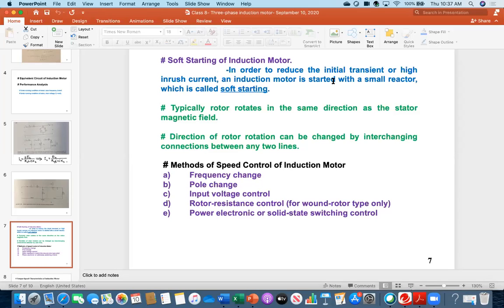And then we connected a reactor. The same thing in case of induction motor: during starting, you have to connect a small reactor, a small inductance value. And then you can mitigate or eliminate that initial transient or high inrush current. That is called soft starting. So therefore, to explain it clearly, let me take you to the whiteboard.